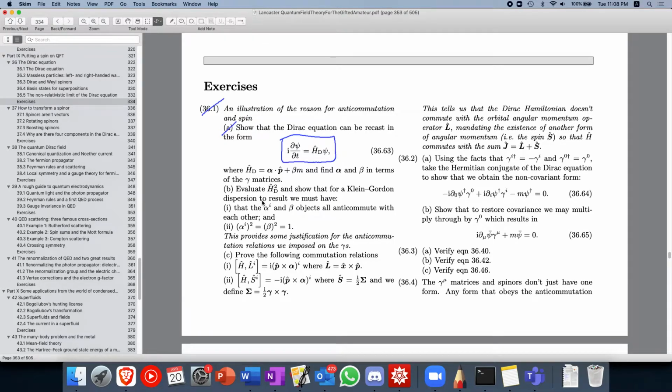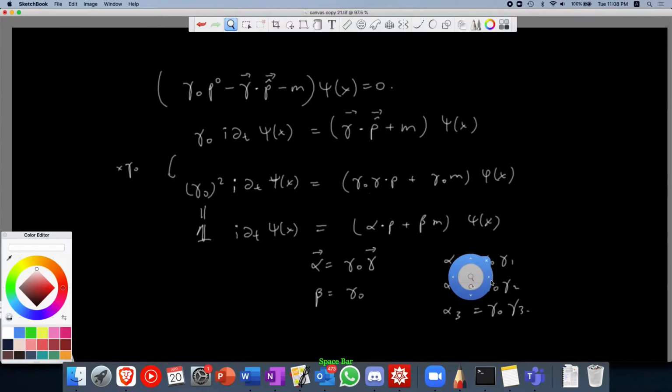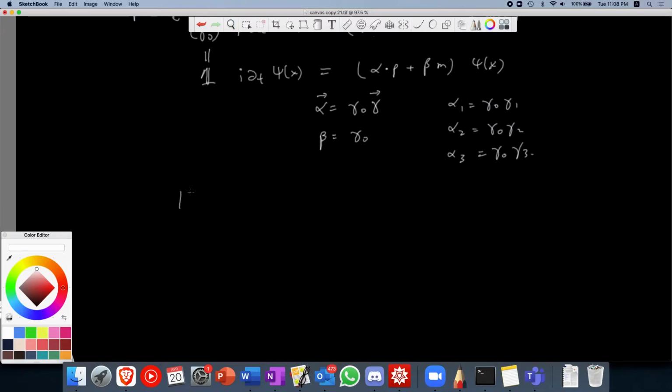Okay, so evaluate H_D squared and show that for the Klein-Gordon dispersion we must have these two properties. So let's go ahead. We know H equals alpha dot p plus beta m, where these are the defining relations for alpha and beta.